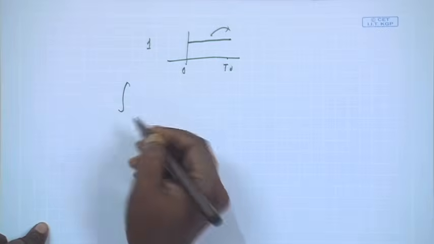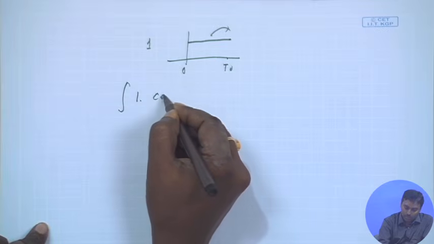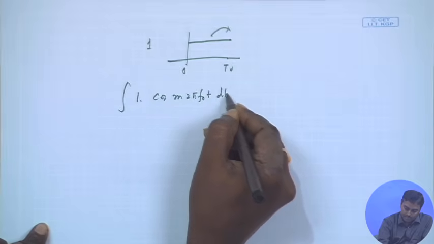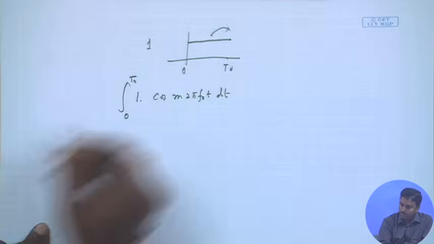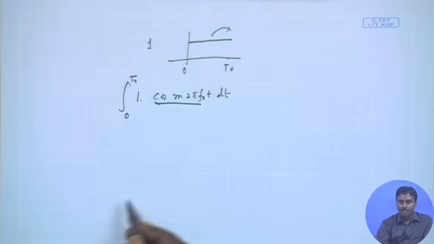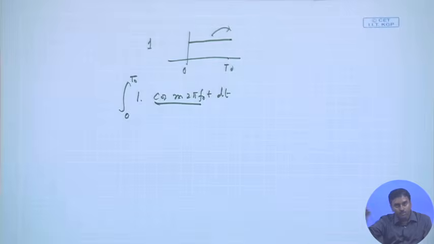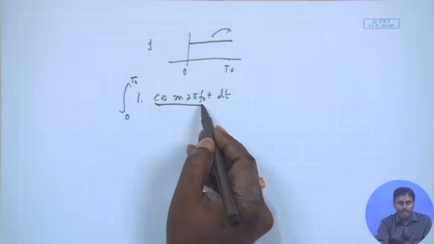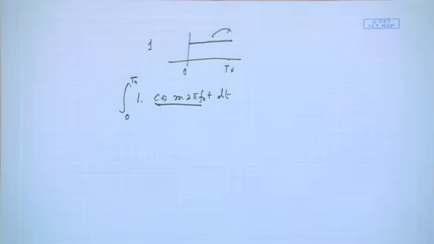So, if I just do that, the integration should be 1 into cos(m 2 pi f0 t) dt integrated over 0 to t0, right. So, now again it is a cosinusoidal with m taking value 1 to infinity. Because the 2 pi is already there and f0 is 1 by t0, basically this is either a full period or some multiples of full periods.